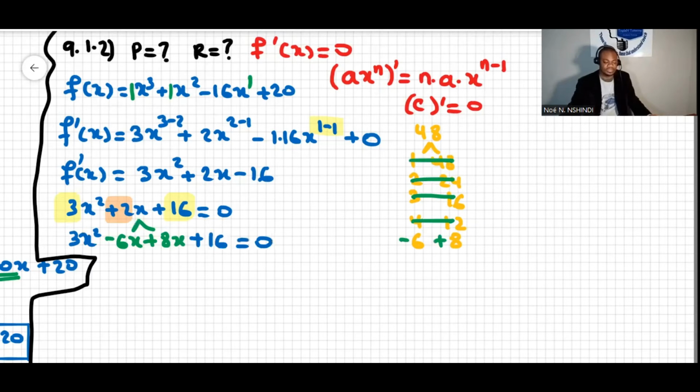For the first two terms, I want to take 3x as the common factor, and for the last two, I want to take 8 as the common factor. If I take 3x as a common factor, I'm left with x minus 2, and if I take 8 as a common factor, there's going to be also x plus 2.